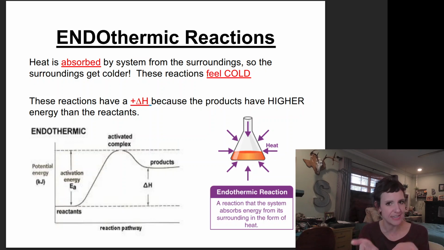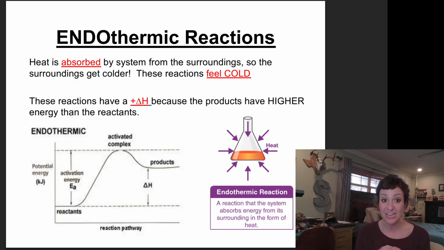So this is why these reactions feel cold. It doesn't make sense in my dumb brain to be like, well, if I'm absorbing heat, why don't I feel hot? Well, when I'm holding onto the beaker that has an endothermic reaction occurring in it, I'm holding and experiencing the surroundings, okay? So all that heat energy being absorbed means the surroundings feel cold.